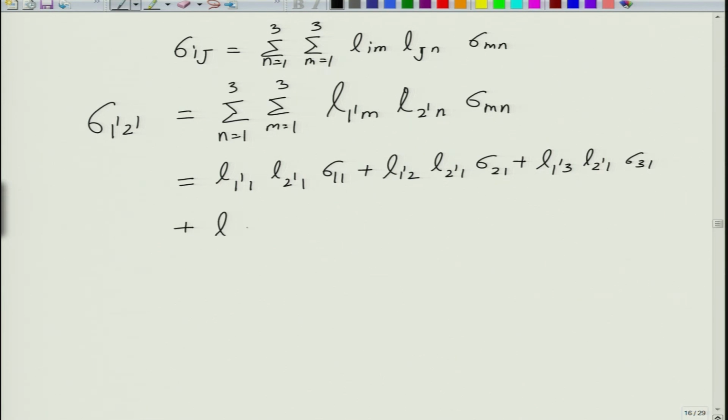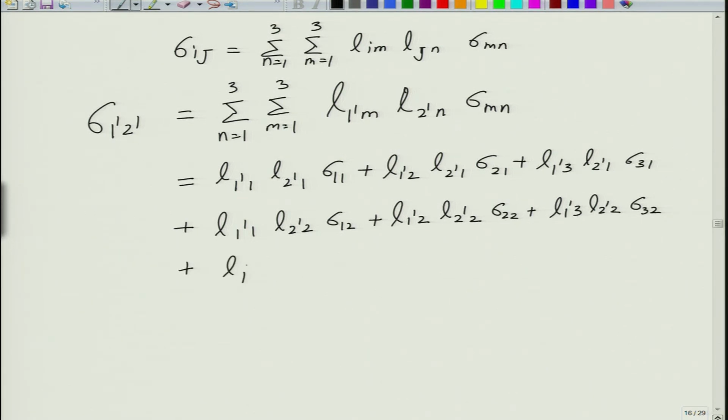Now you come to the next row, with L 1 prime 1, L 2 prime 2, sigma 1 2. Now you again go this way, changing L 1 prime 2, L 2 prime 2, and this will become sigma 2 2, and this is L 1 prime 3, L 2 prime 2, and sigma 3 2.